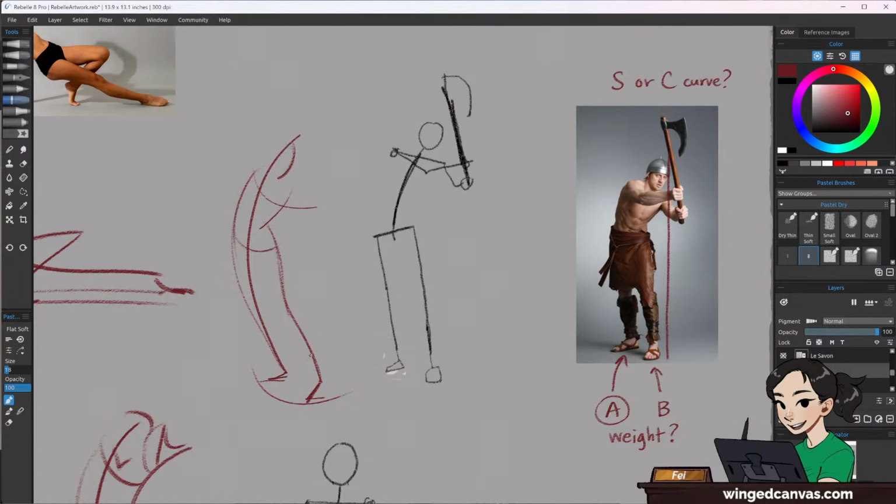Say, okay, so he's going to come back. The hands are going to be here, and then the axe is going to be here, and then his head is actually going to be here. It's going to be more forward, right?